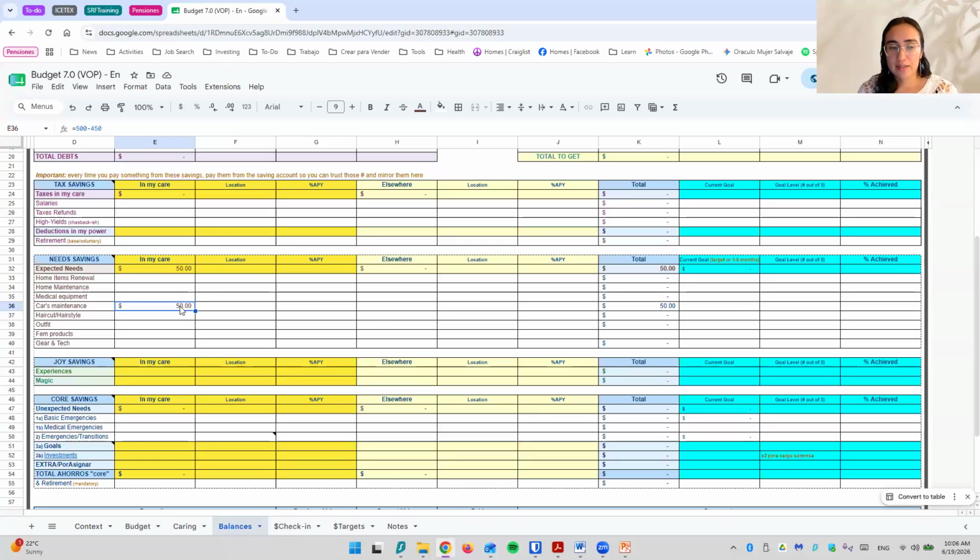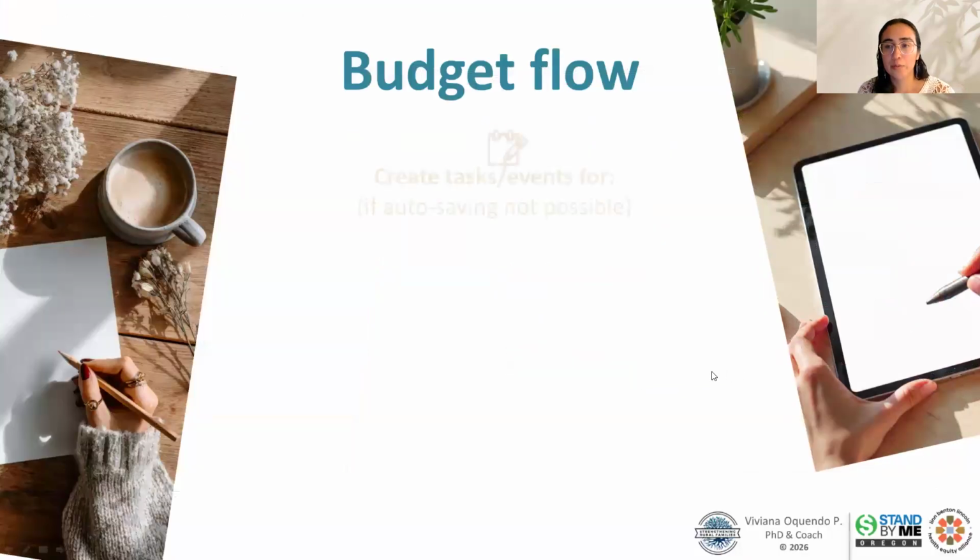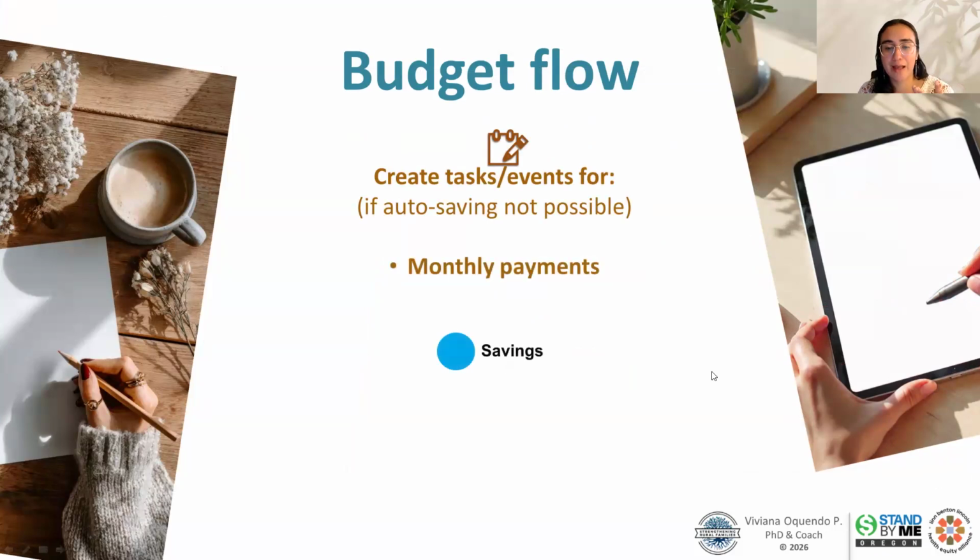But if we don't organize when we use, so that's why it says here the used savings, if we don't update wherever we have our records of the savings, then we are gonna be having in our tracking that we have savings that we don't really have, and then if we don't remember what we do, it's a mess up.